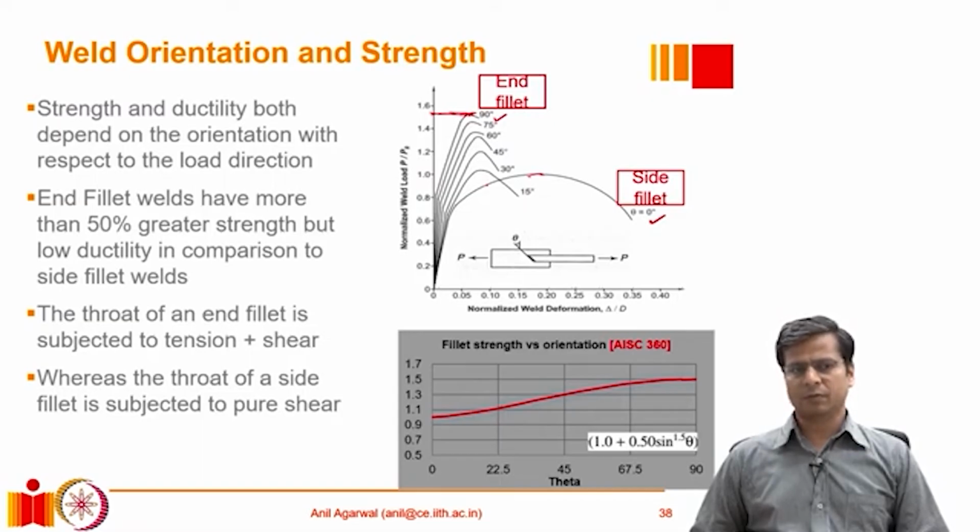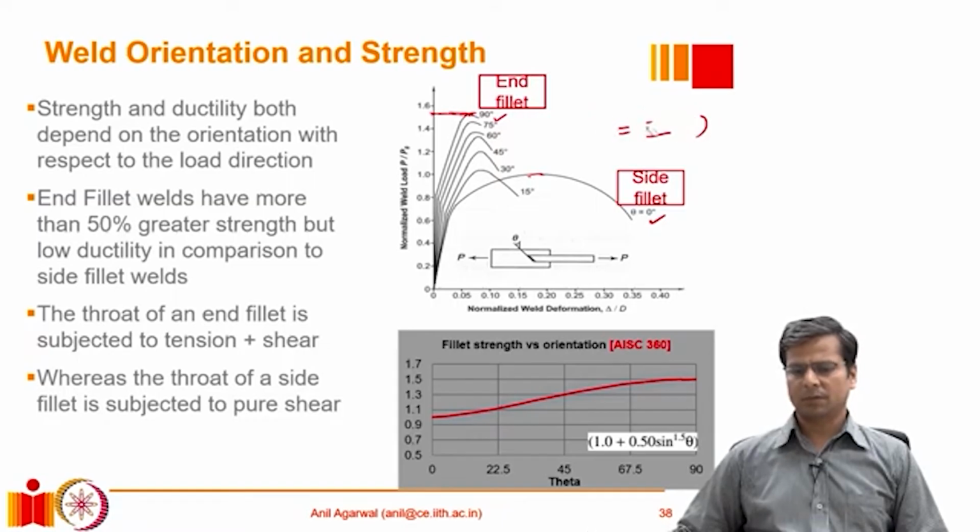If we use von Mises failure criterion, it says that the shear strength is equal to yield strength divided by square root 3. That's what the von Mises criterion says. So basically, which turns out to be approximately 0.6 times the yield strength.